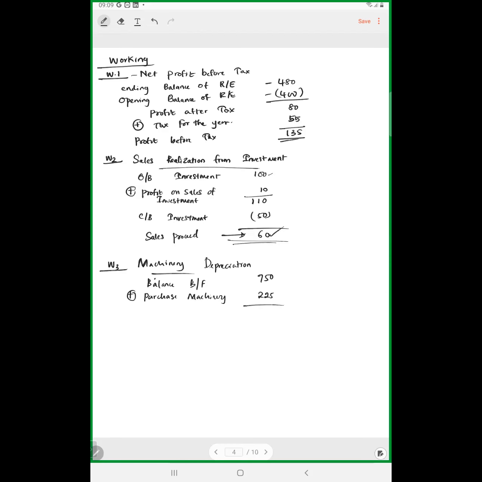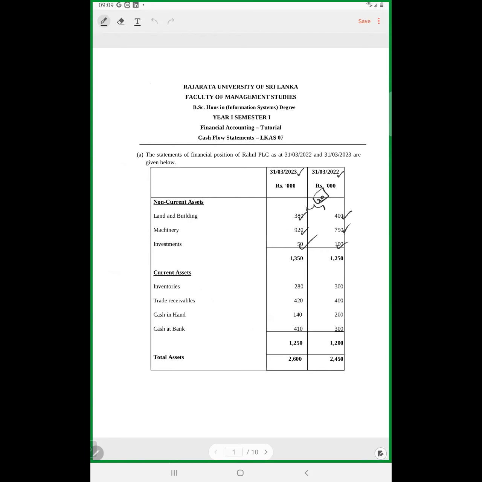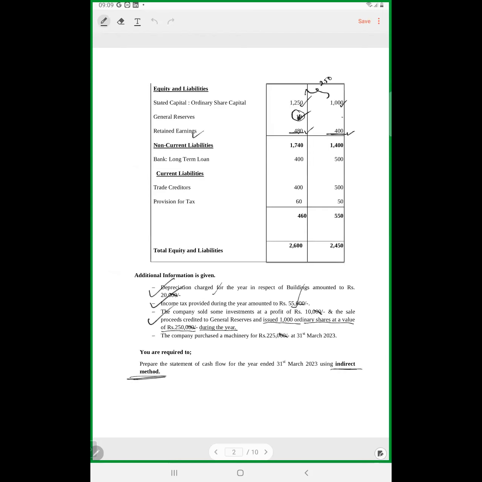Then the balance should be 975, ne? 975. If it was newly acquired by the company, the balance should be 975. But when it comes to the balance carried down, how much? It is 920. Yes, you can see here 920.